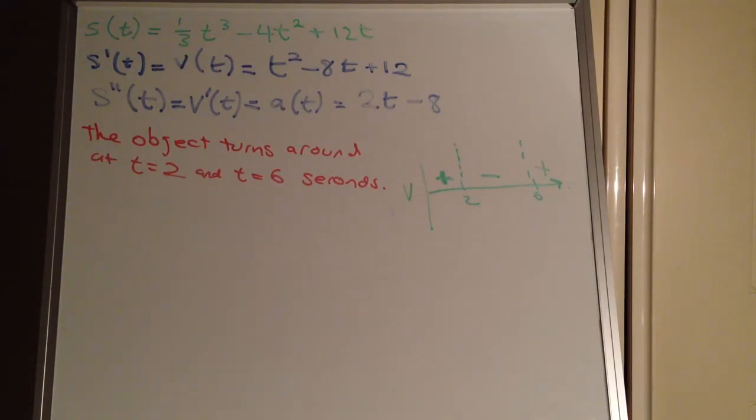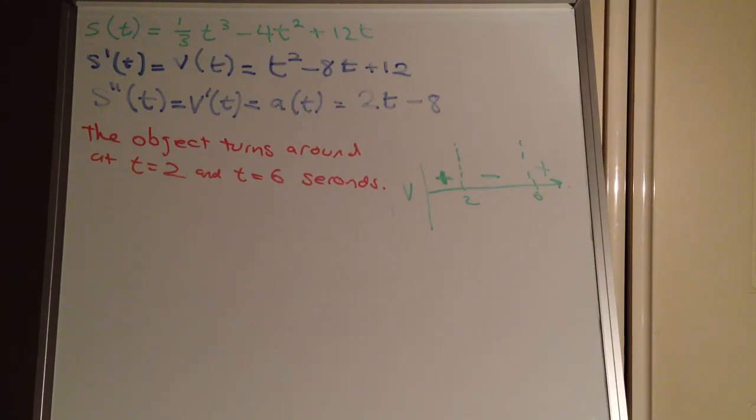And of course, a negative acceleration could mean that it's slowing down as well. So we can get an idea of what's happening to these functions by considering what a positive velocity means and what a positive acceleration means. They all link together and it works really nicely.